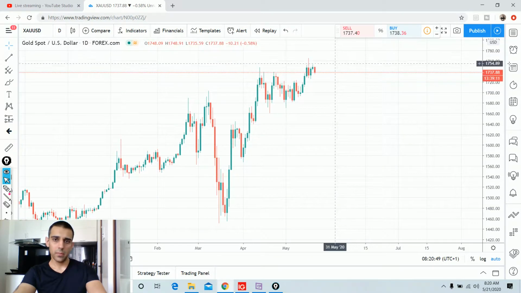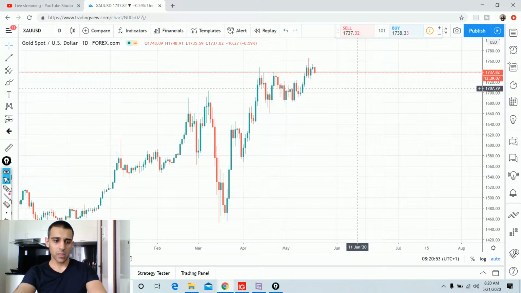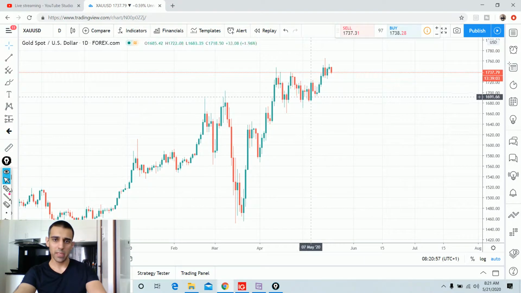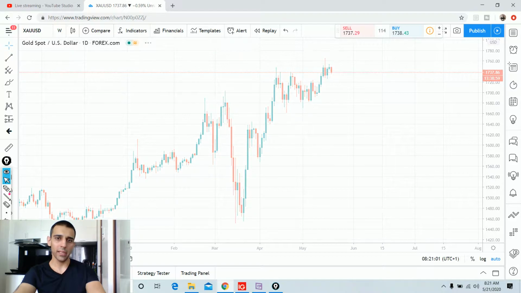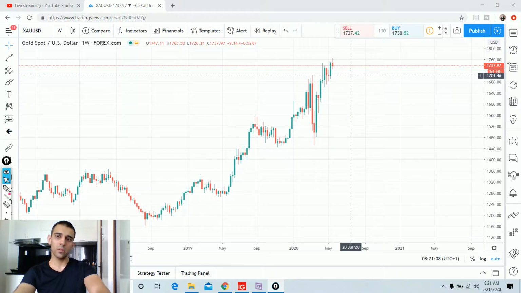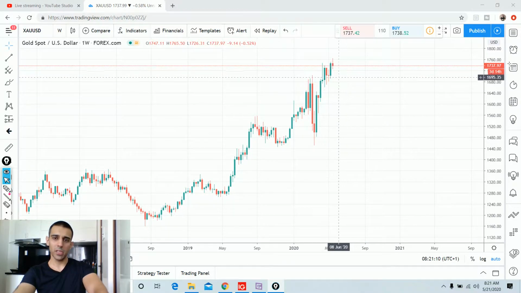Okay, depending on your stop loss. I would think that the price will want to have a bigger retracement, as I said, the 1700 zone. This will be a weekly low down here. So I would wait for the price to retrace down to this weekly low.